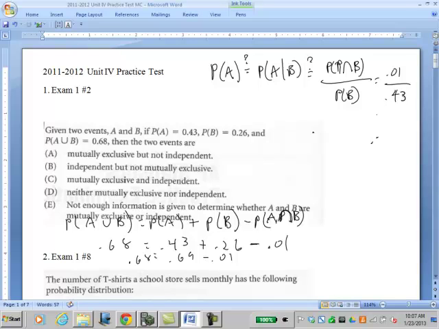0.43. And what's the probability of A? I'm sorry, 0.26, right.